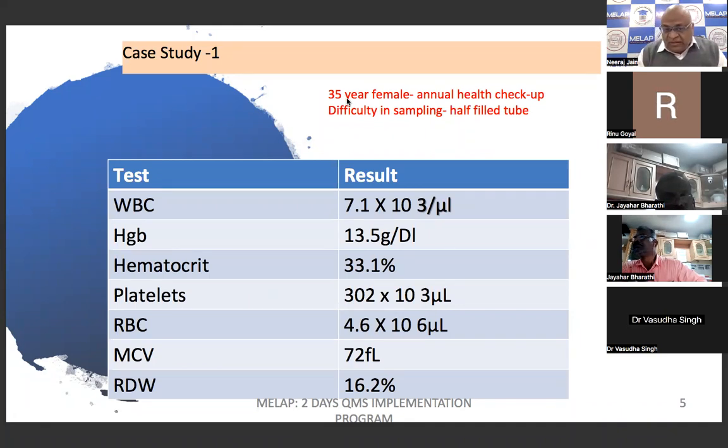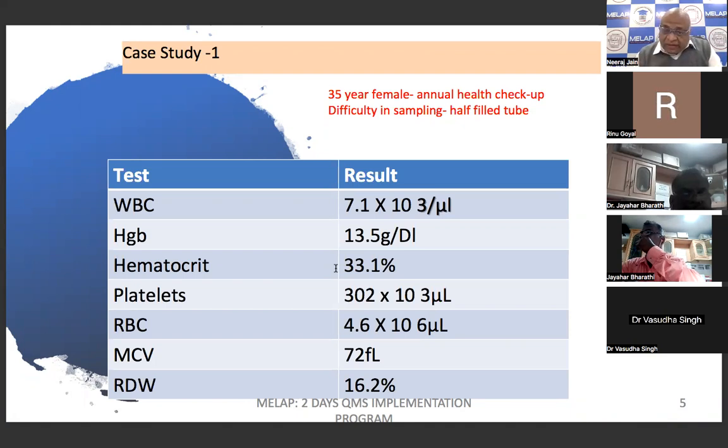Now look at the relation between hemoglobin and hematocrit. All of us know there is a relation of 1:3 with normal hemoglobin. Your analyzers estimate hemoglobin and calculate hematocrit. Hematocrit is a calculated parameter. What happens if in a 2 ml tube you collect 1 ml blood?